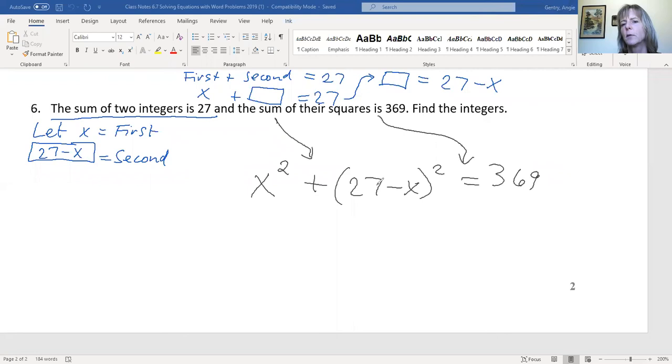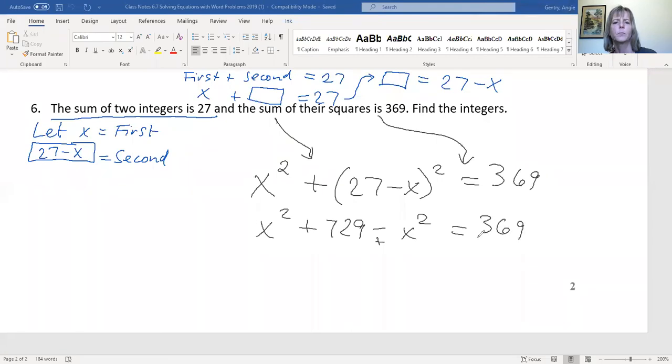What goes wrong with this a lot is a ton of my students did the following. I'm going to do this now and I'm going to erase it, so please don't write this down. They say 27 squared is 729, and then you have a positive x squared. And then they had a problem. I pointed out that a minus b quantity squared is not a squared minus b squared, and it's not a squared plus b squared, for sure.